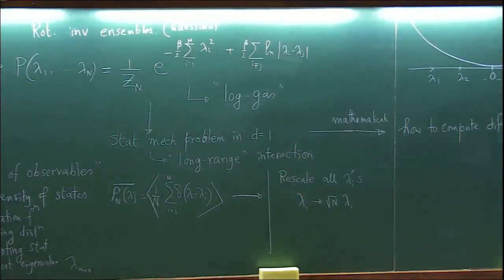Then my joint distribution in this new rescaled variable has beta n times lambda I square by 2.